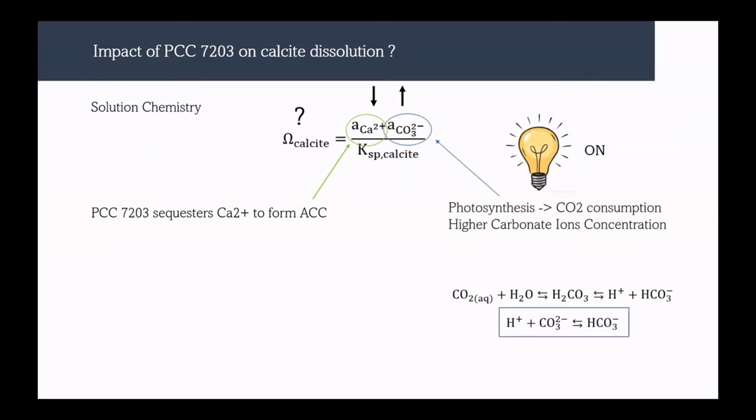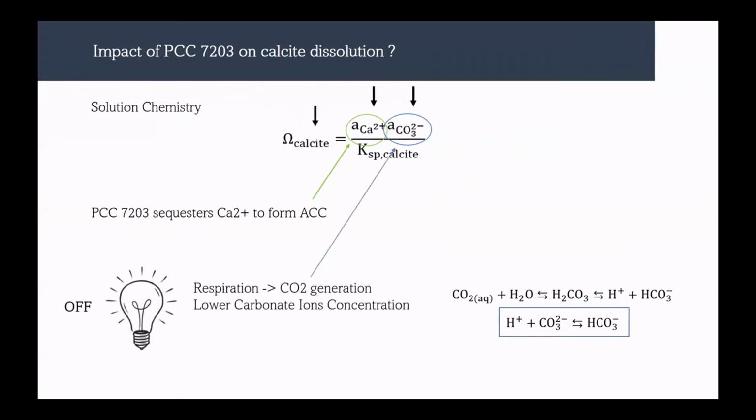But on the other hand, when we provide light, they will do photosynthesis. So the CO2 consumption will act on the carbonate-bicarbonate conversion. And so in case of CO2 consumption, we will have an increase of the activity of carbonate. And so it is actually impossible to predict a priori the impact on the saturation state with respect to calcite.